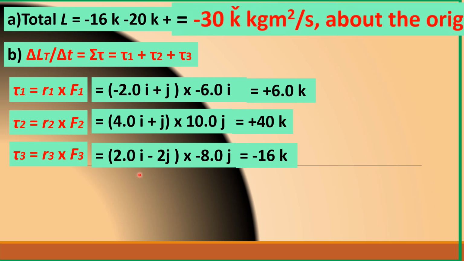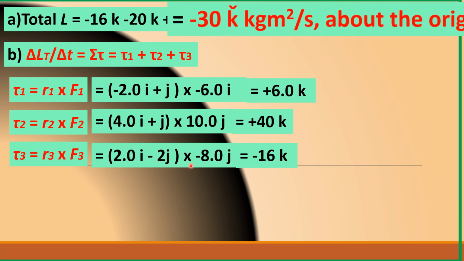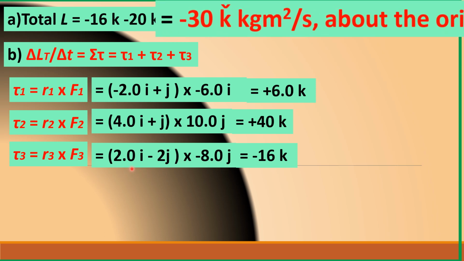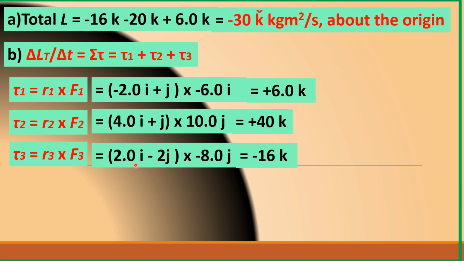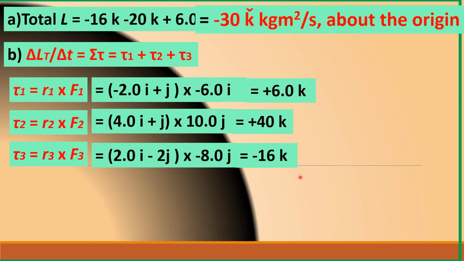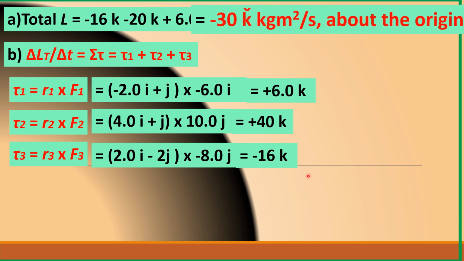Negative 2j cross multiplied by negative 8.0j is also equal to 0, so we are only left with the cross product of 2.0i and negative 8.0j. That gives us negative 16k. Why it is negative? You may verify it using your right hand rule.